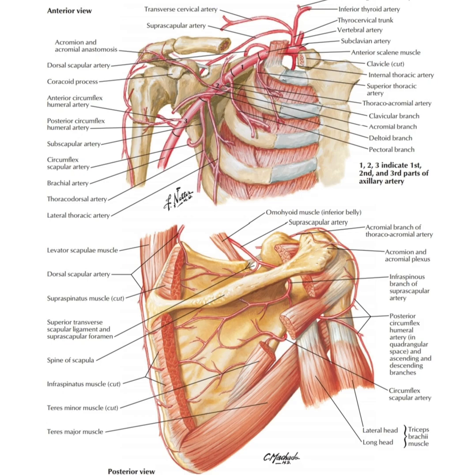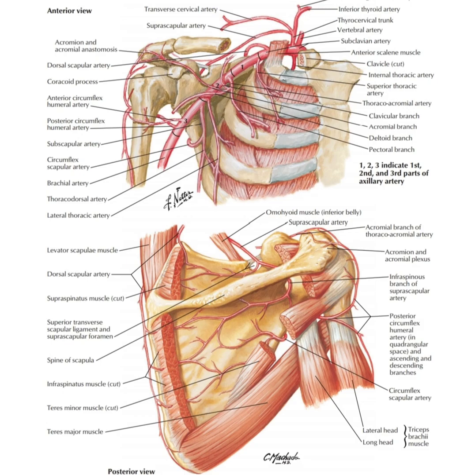The first part of the subclavian artery is proximal to the anterior scalene muscle. The second part is behind the anterior scalene muscle, and the third part is lateral or distal to the anterior scalene muscle.